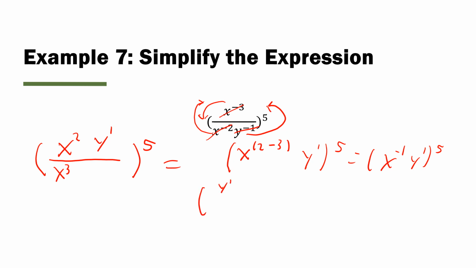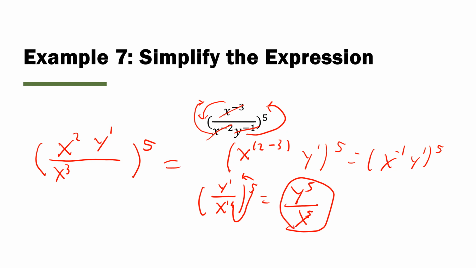So this will be y to the power of 1 divided by x to the power of positive 1, all to the power of 5. And now I have nothing else to simplify, so I'm going to distribute that 5 to the numerator and denominator. So this becomes y to the power of 5 divided by x to the power of 5.